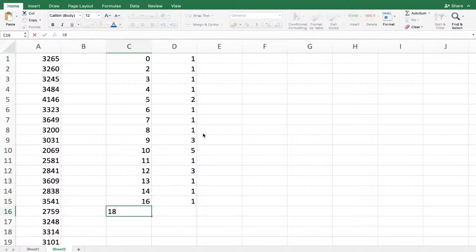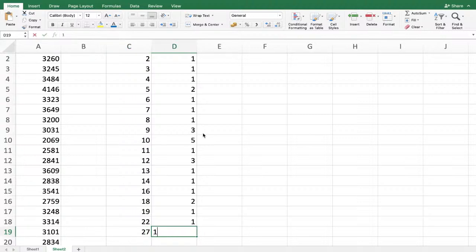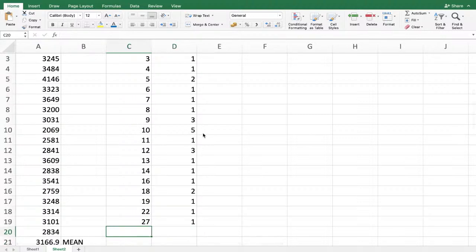18, 2 patients. Then 19, 1 patient. 22, 1 patient. 27, 1 patient. And 49 days, 1 patient.